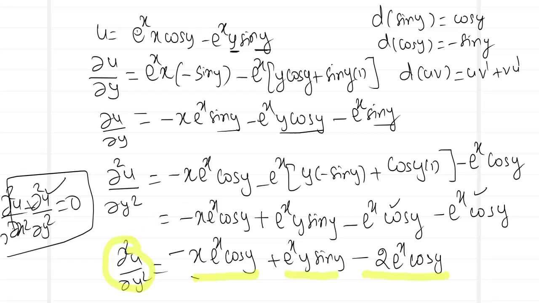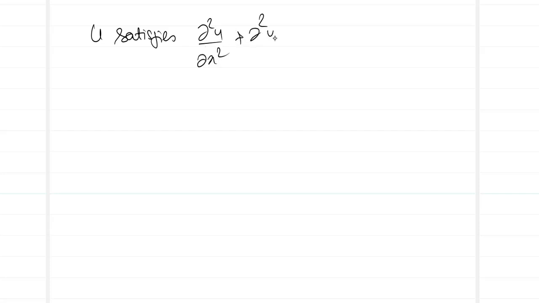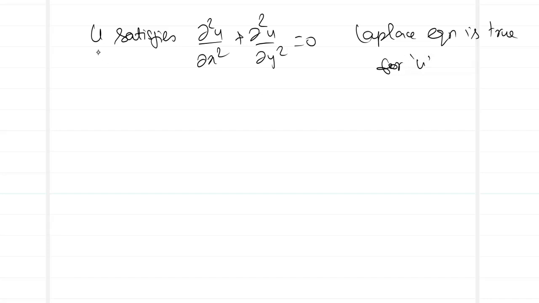So u satisfies dou square u by dou x square plus dou square u by dou y square equal to 0. So the Laplace equation is true for u. Hence, what do you call u as? u is called a harmonic function.